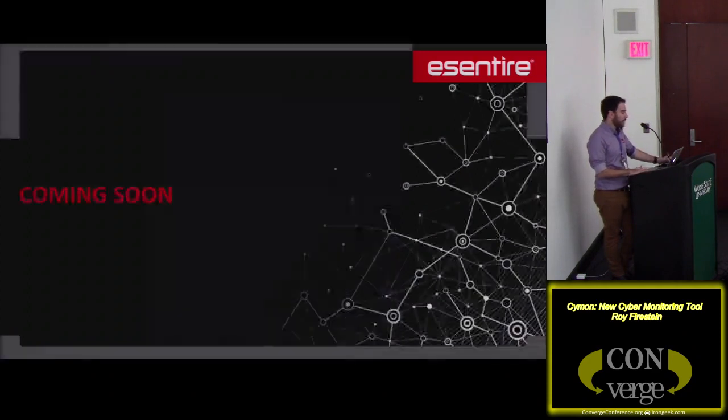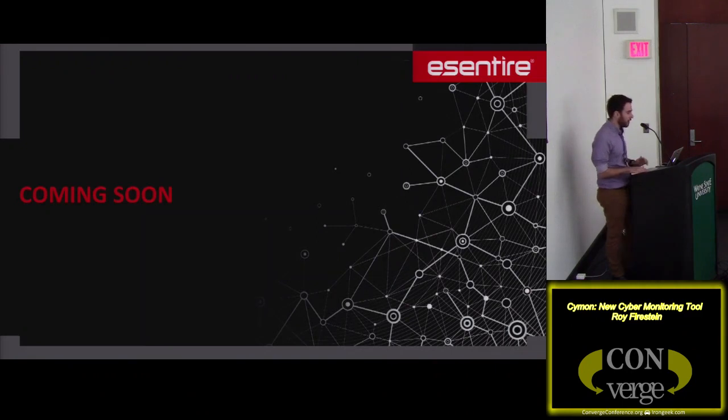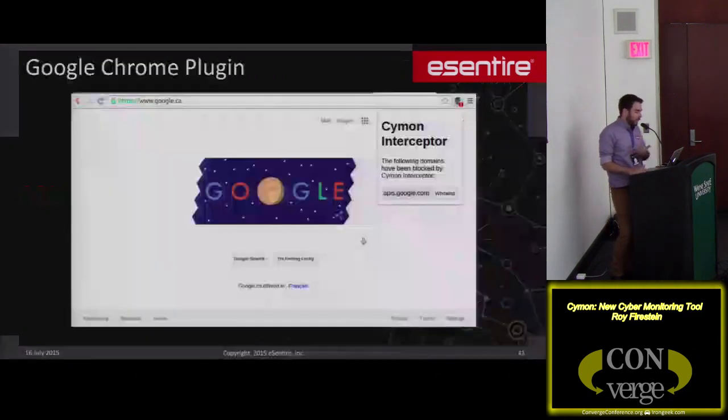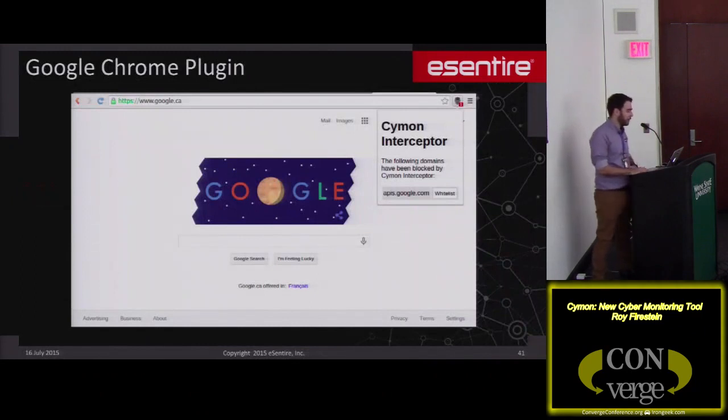I just want to share some stuff that's coming up very soon, that we're working on. As I mentioned, we're working on a Google Chrome plugin. The idea is to imitate ad block, but instead of blocking ads, I want to block malicious ad networks or websites that host phishing or malware and so on.